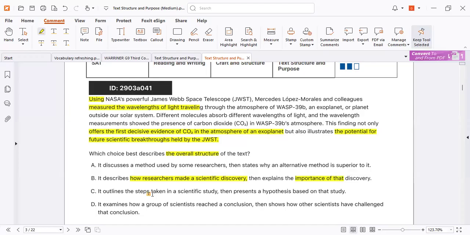Why? The second part, the first part correct. Steps taken in scientific study, correct. But the second one, it's not presenting hypothesis. Second one about the importance of the finding. That means the half of the answer is correct, but it's half only. So letter B correct for the order of information. That's fine.